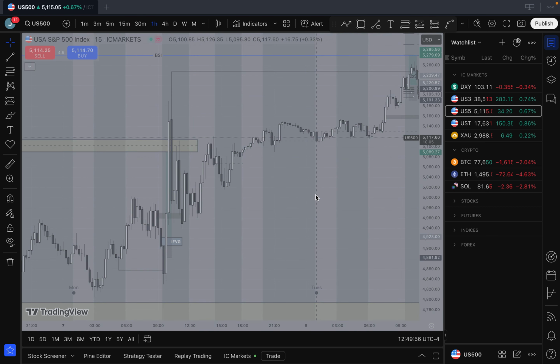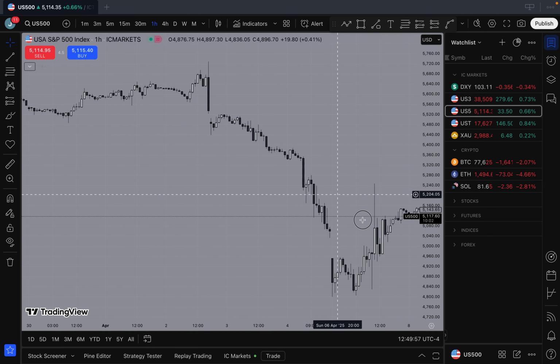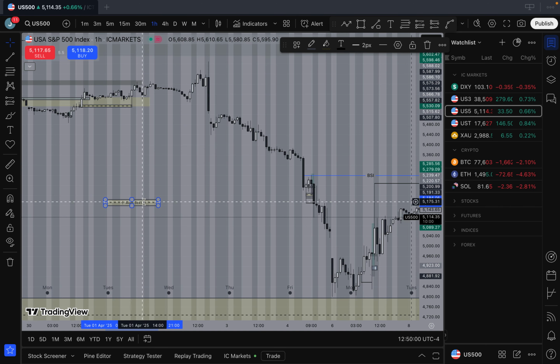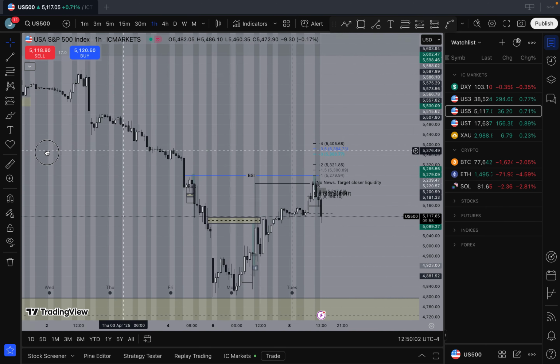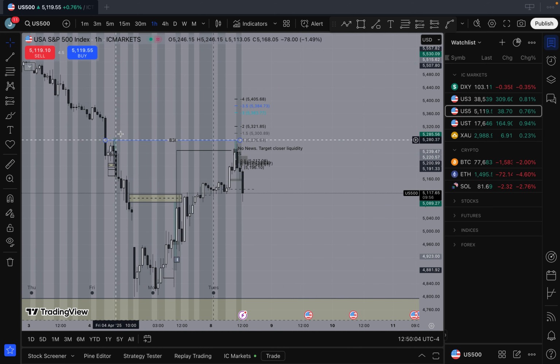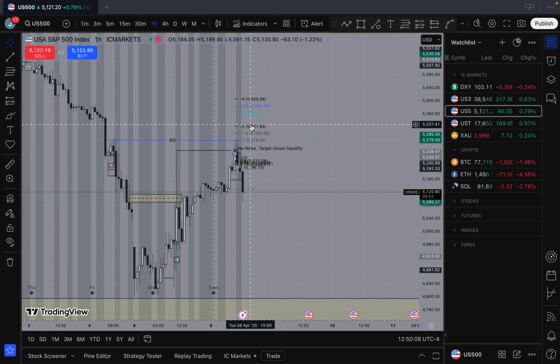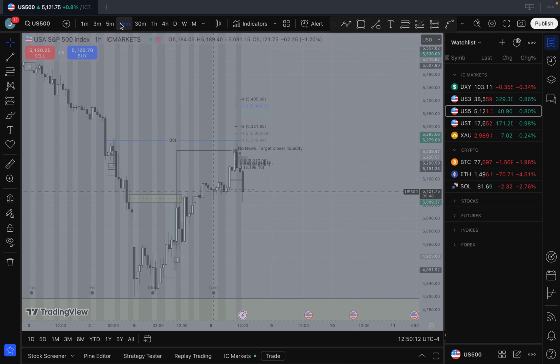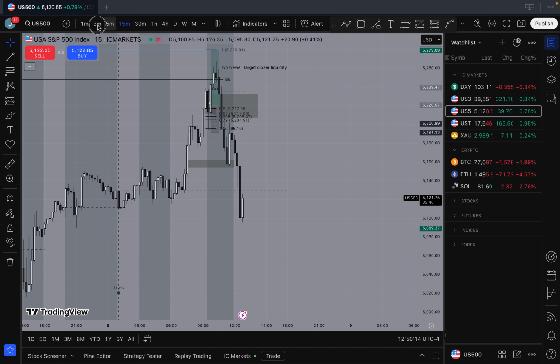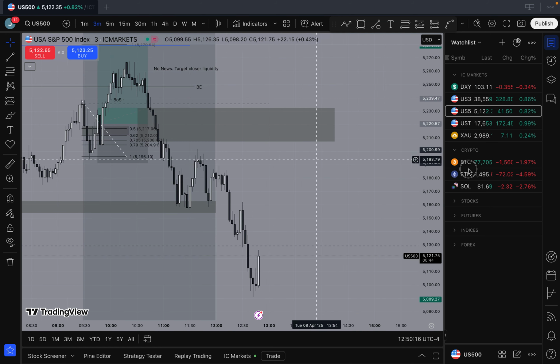So just gonna hop onto the hourly. Oops, move that back. And yeah, you can see I was targeting these highs with the hope that we would fill the rest of this imbalance in, probably go 2 standard deviations up, and then come back down. Before I got into the trade, I marked out these 2 points.